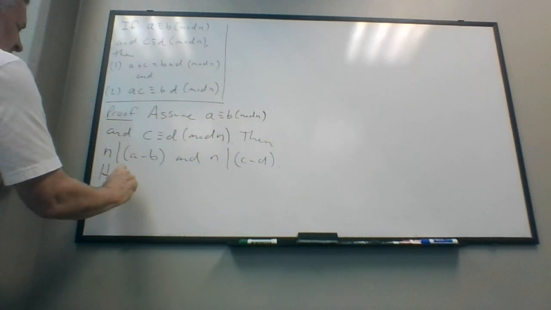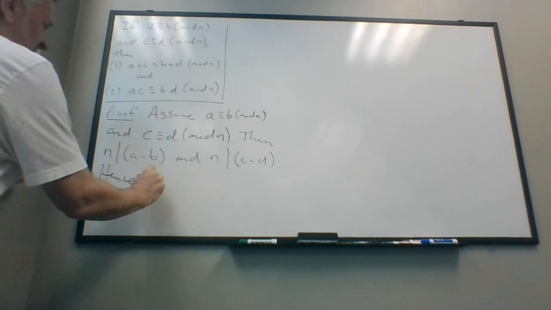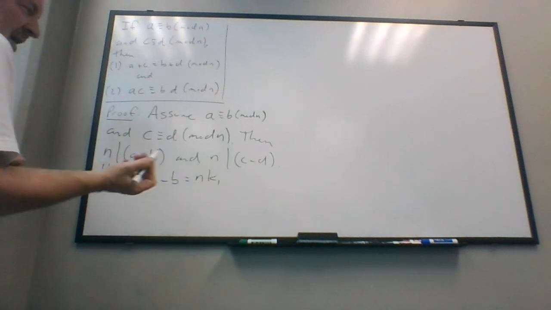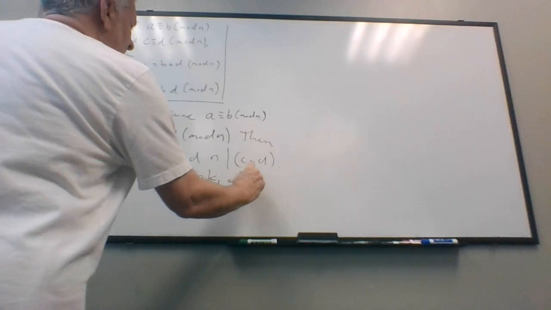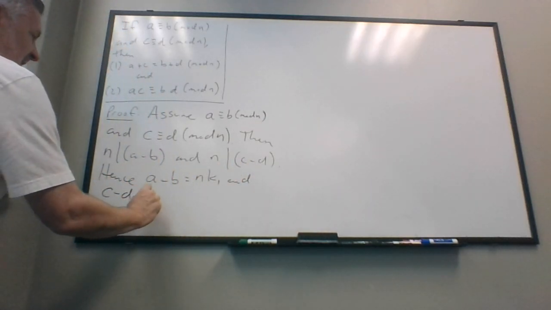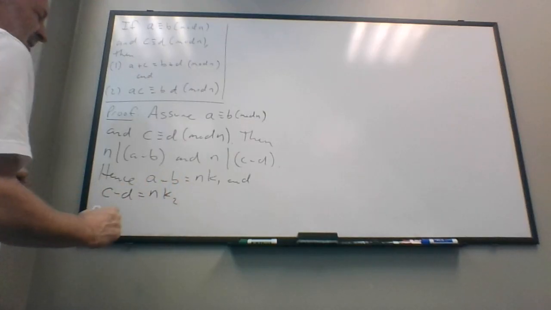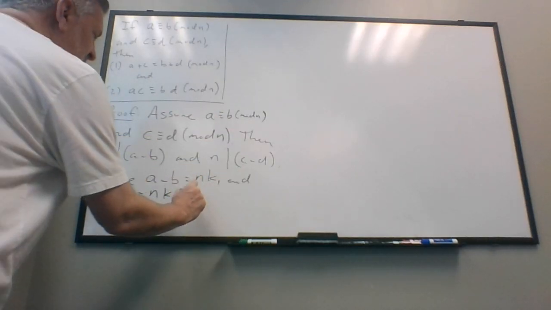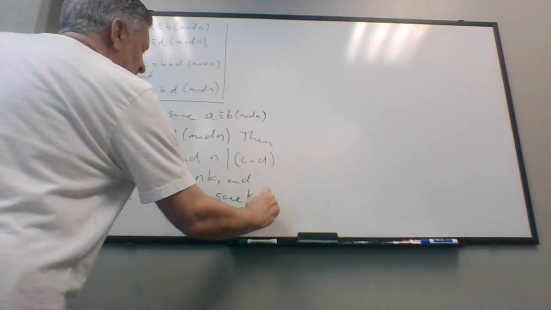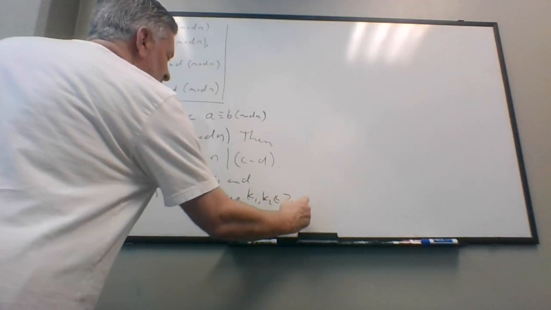So hence, since n divides A minus B, A minus B is n times some integer, I'll just say k1, and n divides C minus D means C minus D is n times some integer k2. Now I've introduced two variables, so you should say what they are: for some k1, k2 in the integers.